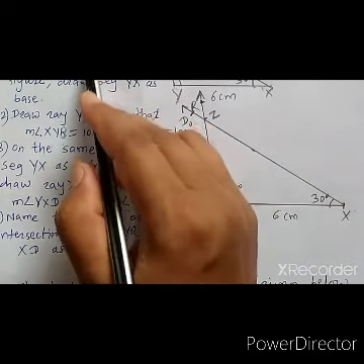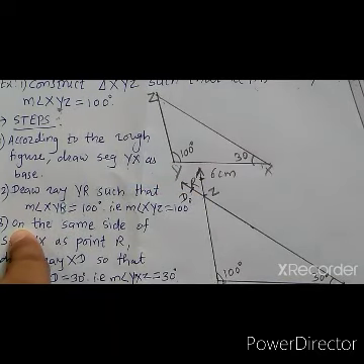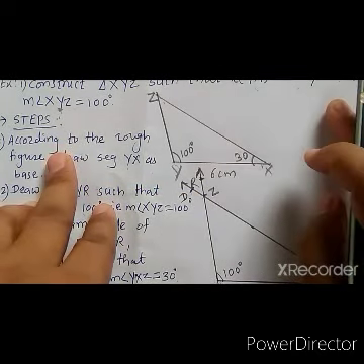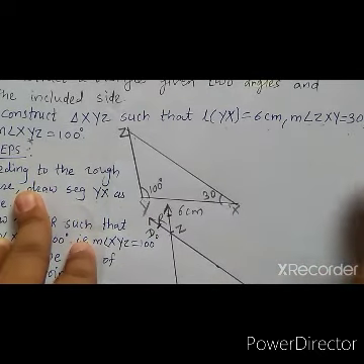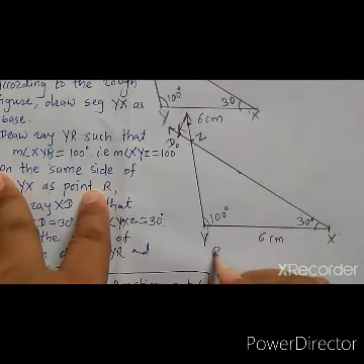Angle XYZ is equal to 100 degrees, and measure of angle ZXY is equal to 30 degrees. Now this is the required diagram or required figure.